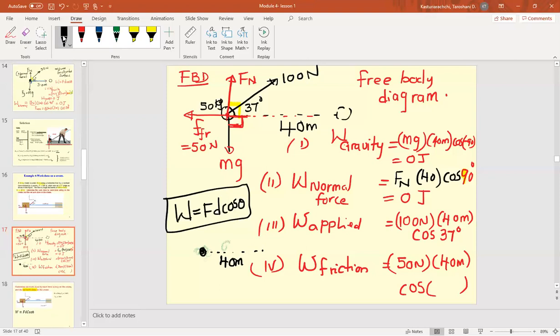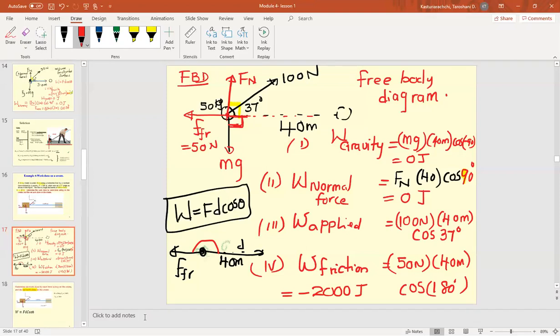And now my frictional force is this way, and this is my displacement if I draw it as D. Now what is the angle? Looking at this, the angle is 180. 50 times 40 times cosine 180, you would get negative 2000 joules. Cosine 180 is negative 1.